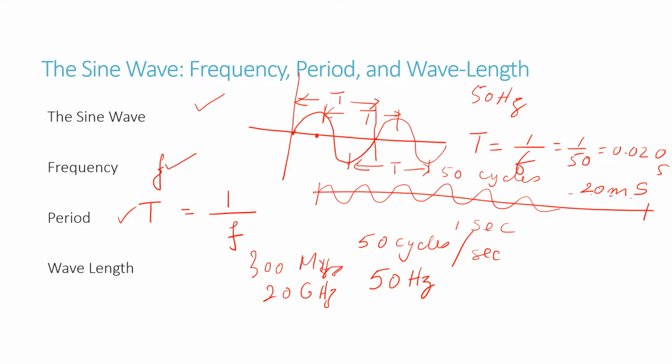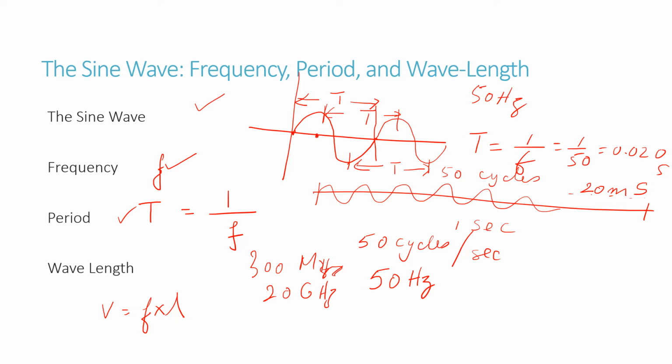Nevertheless, just for completeness, I'll give you the formula for wavelength. Wavelength is connected to the velocity. So the velocity of a wave is equal to the frequency times its wavelength. That's the symbol for wavelength.